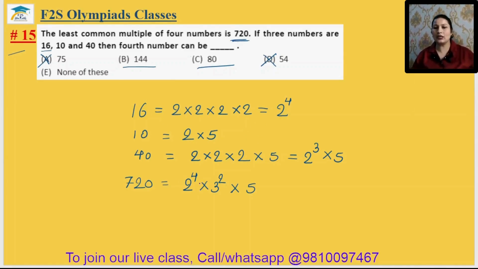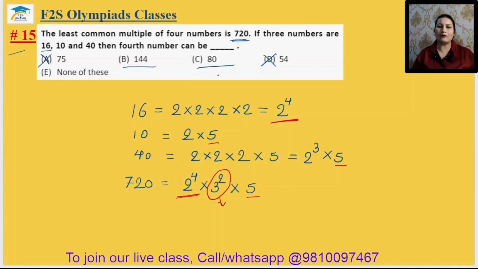We can see 2 to the power 4 is the highest factor which is present in 16. Now 3 to the power 2, we don't have this factor. Now the third one is 5. The highest exponent is 1 and it is available here. But we don't have 3 to the power 2.